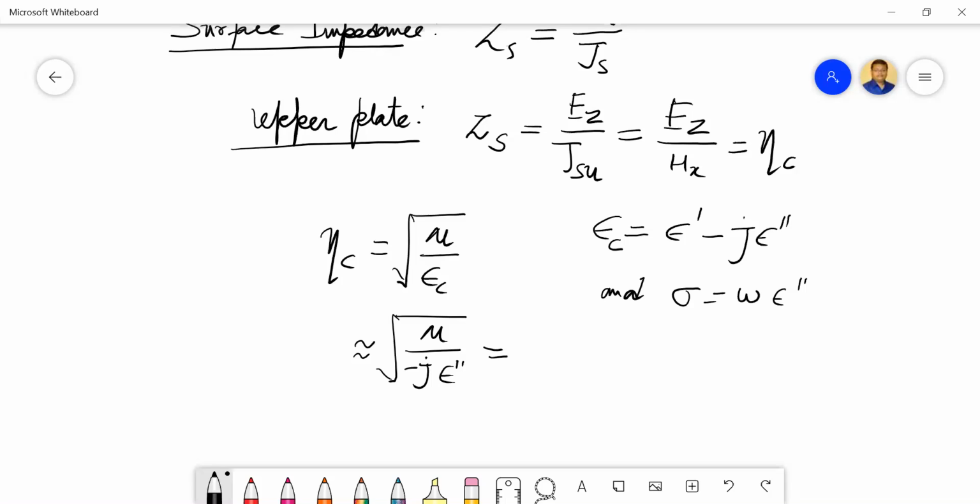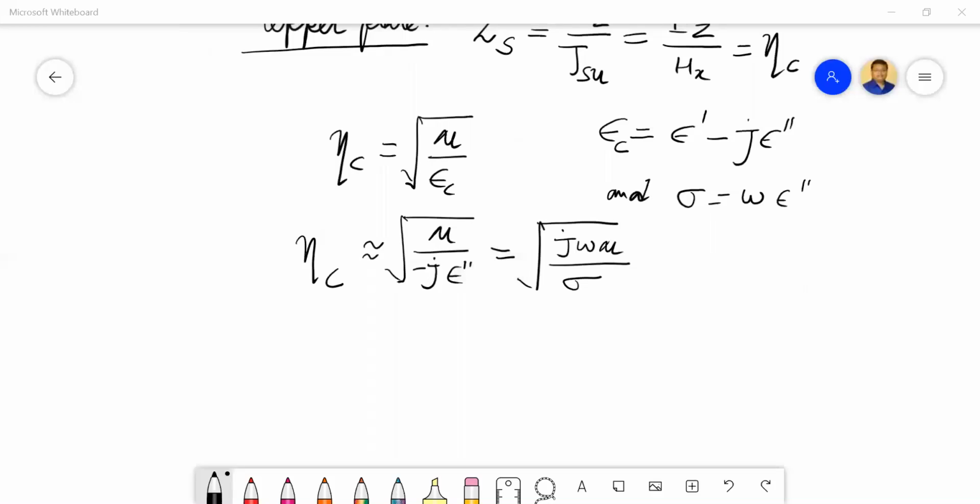Finally, you can rearrange all the elements and write j omega mu over sigma. So this is the intrinsic impedance for a good conductor.